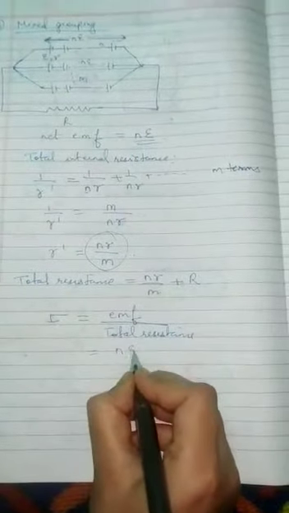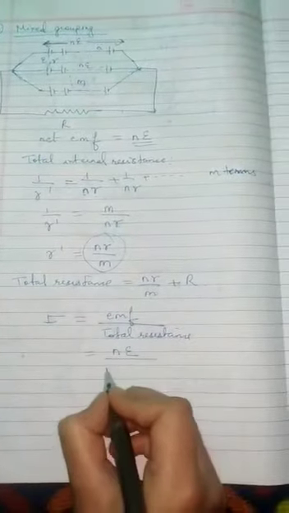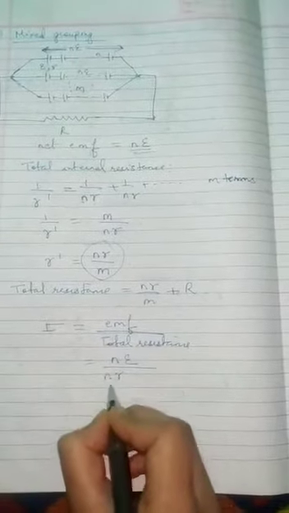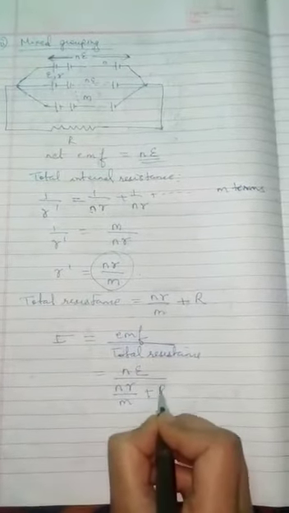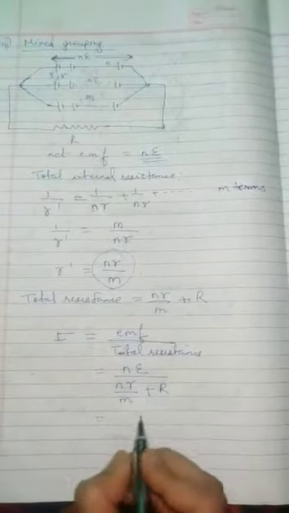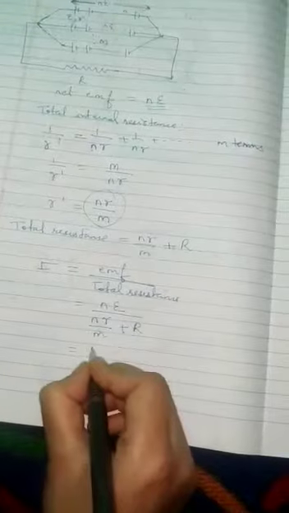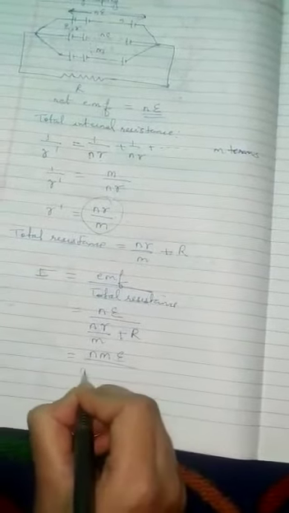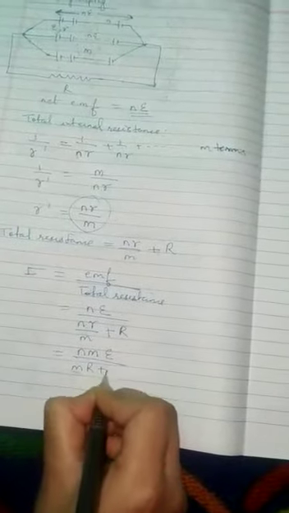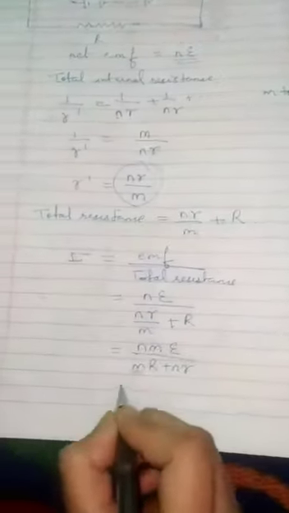Our net EMF was N epsilon, divided by the total resistance, NR by M plus R. You can simplify this further by taking the LCM, and the final term that you will get is NM epsilon by MR plus NR.